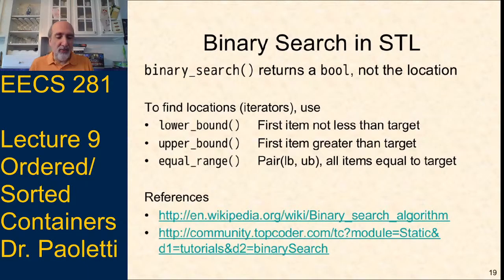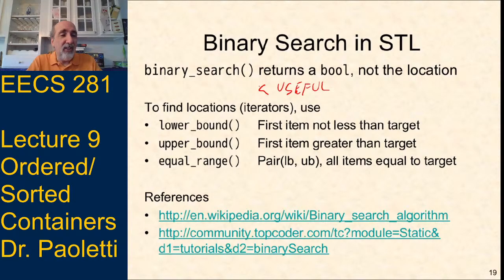Okay, so the STL does have a function called binary search. Unfortunately, I'd like to say binary search is less than useful, because binary search returns a bool. It returns true or false. Is it there? Is it not there? Lower bound returns an iterator. There's another one called upper bound.